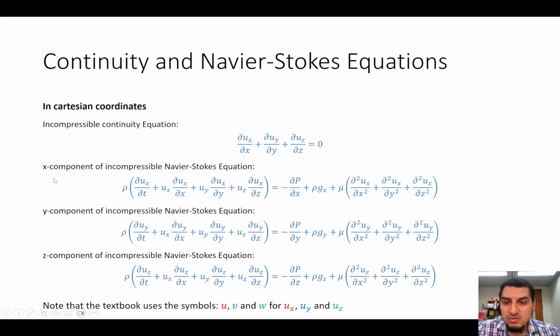So this is the continuity equation, and the x, y, and z components of the Navier Stokes equation. Just a note here, I put ux, uy, and uz to make it easy for you to understand what is the velocity. In the textbook, it uses u, v, and w for ux, uy, and uz. So I think what I have here is easier to understand, at least for me.